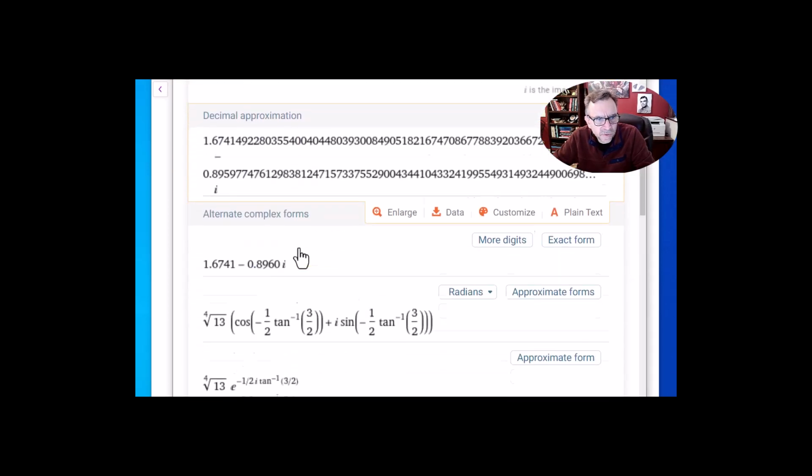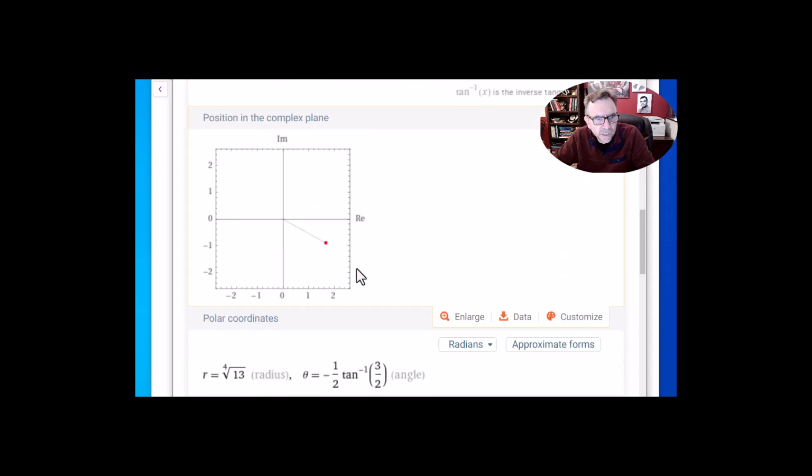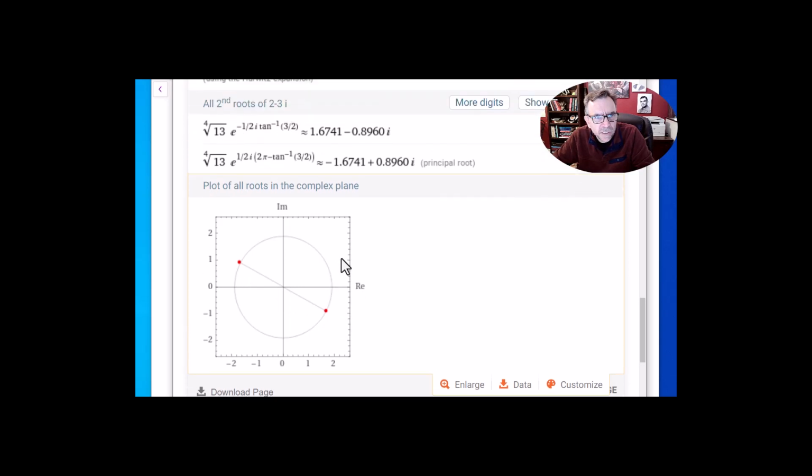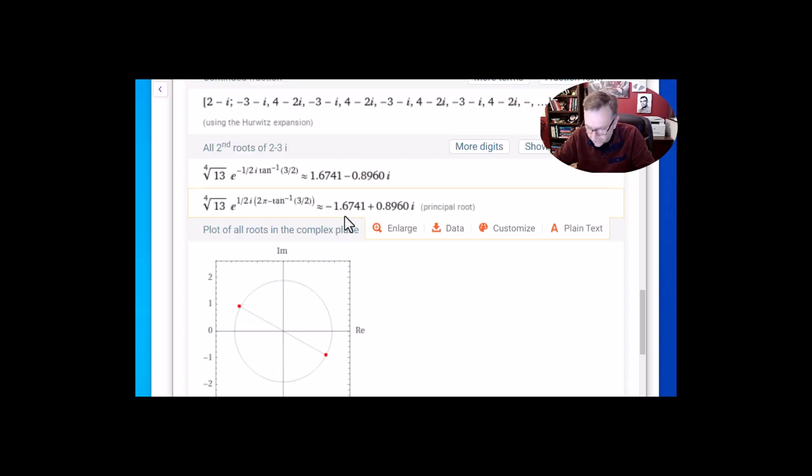This is the principal square root. Looks good. I want both of them, so I'm going to scroll down here. Here they both are. And so we're getting 1.67. Yeah, so this is our first one. Negative 1.67 plus 0.9. I rounded off to 0.9 when I did the calculator work. And then the other one was 1.67 minus 0.9. So the same two answers. There they are graphed on the plane.